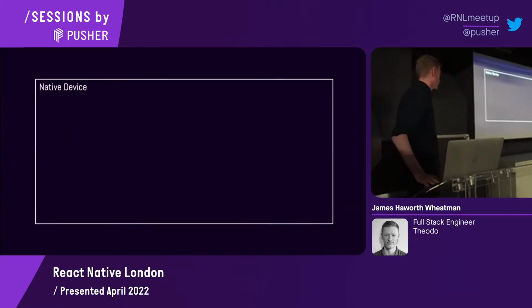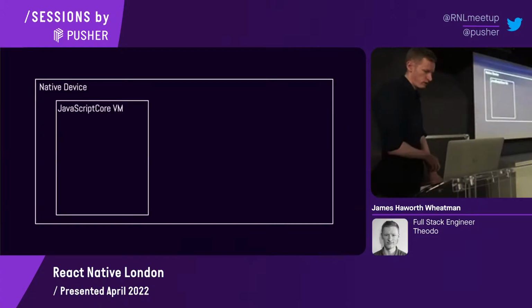So this is what we've got at the minute. You've got your native device, and what React Native brings to this is a JavaScript engine. In this case, it's JavaScript Core. It comes with iOS, and they bundle it in with your Android application.